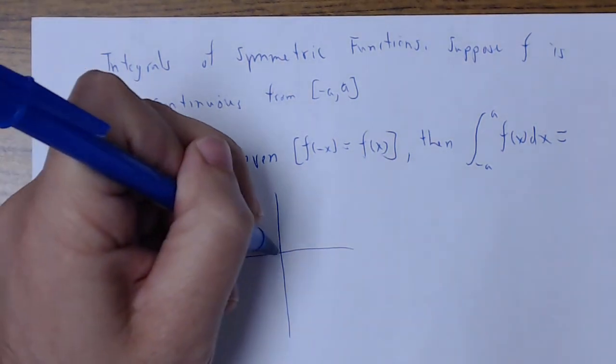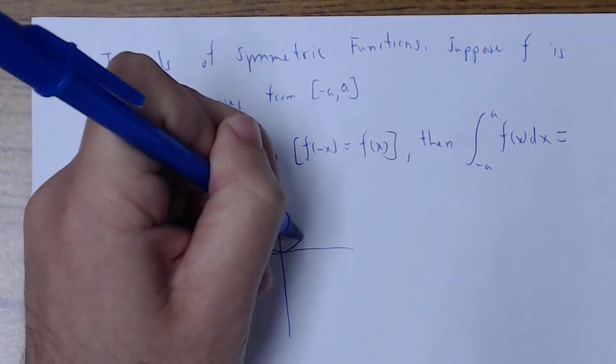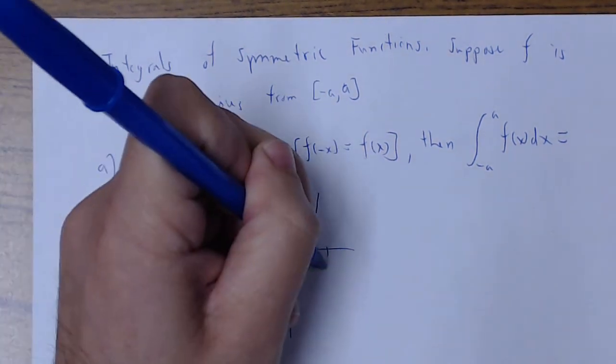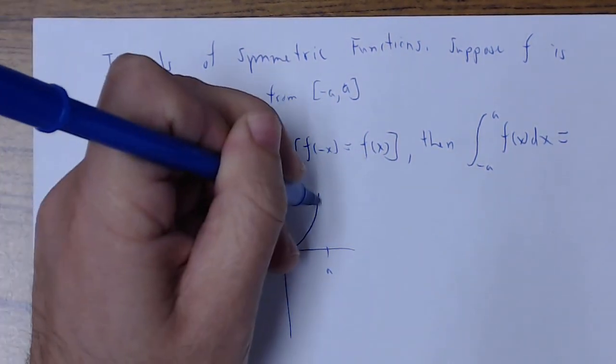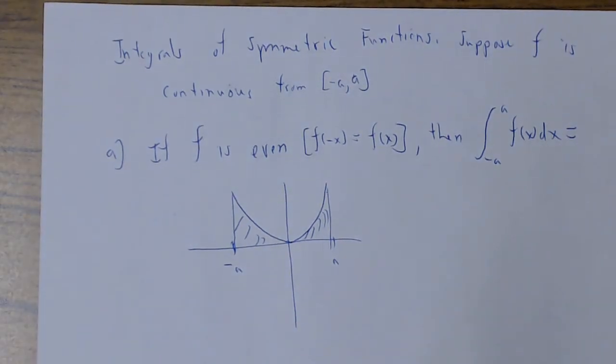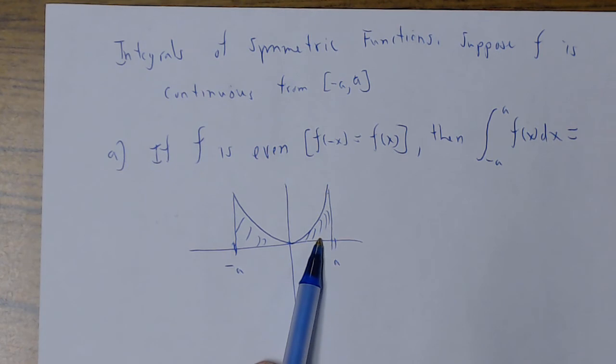If f is even, it should be symmetric with respect to the y-axis. So if this is -a and this is a, and I find the area under the curve from -a to a, what do you notice? Hopefully you're noticing that this area and this area are both the same.